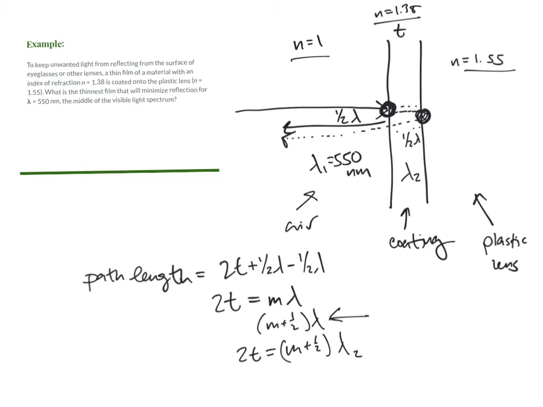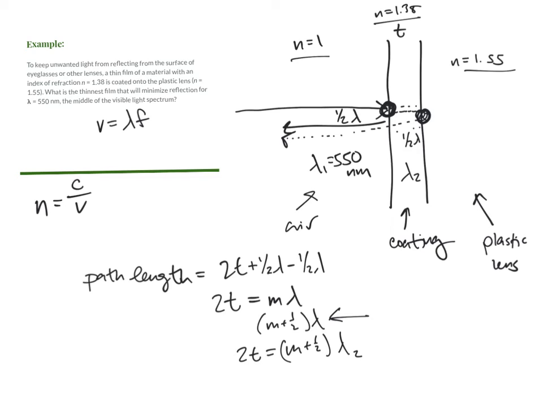You can use indices of refraction to find our lambda 2. If you say index of refraction equals c over v, and out here where the index of refraction is 1, your velocity is simply the speed of light, or c. We also have this equation that says velocity equals frequency times wavelength, or wavelength times frequency if you write it the weird way I just did.